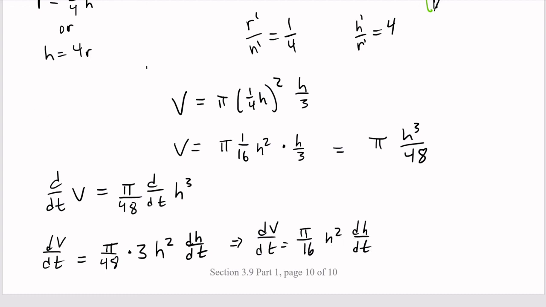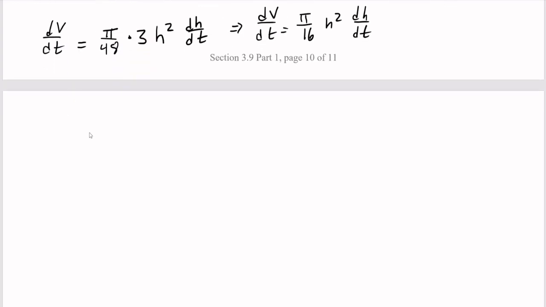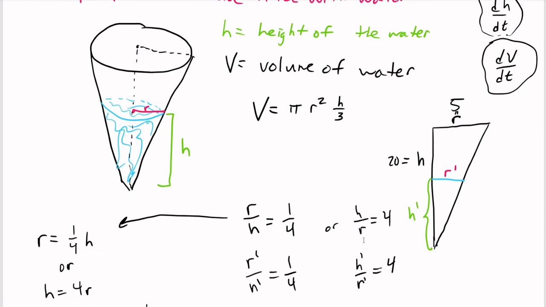So we're going to have to go onto a new page here. And again, we wanted dh/dt, so let's solve for that. dh/dt equals, and then we've got what? dV/dt. We're going to multiply this by 16 over pi, and then we're going to take this and divide it over. Okay, and so we know these things, right? Let's go back to the original problem and see what things we knew.